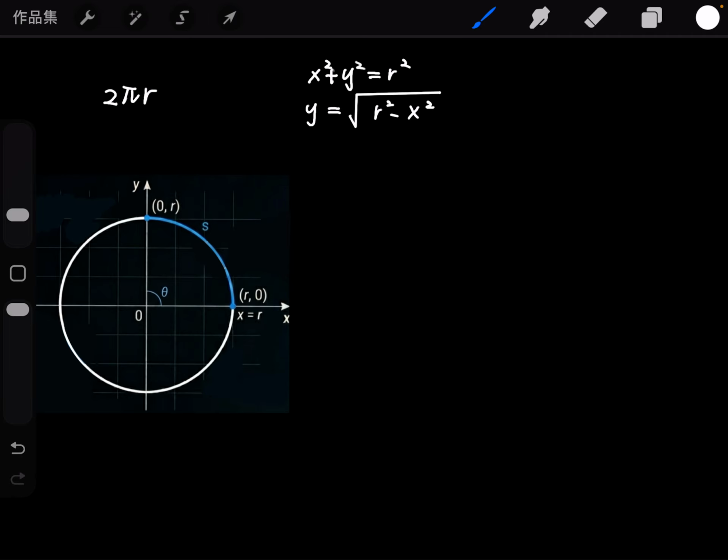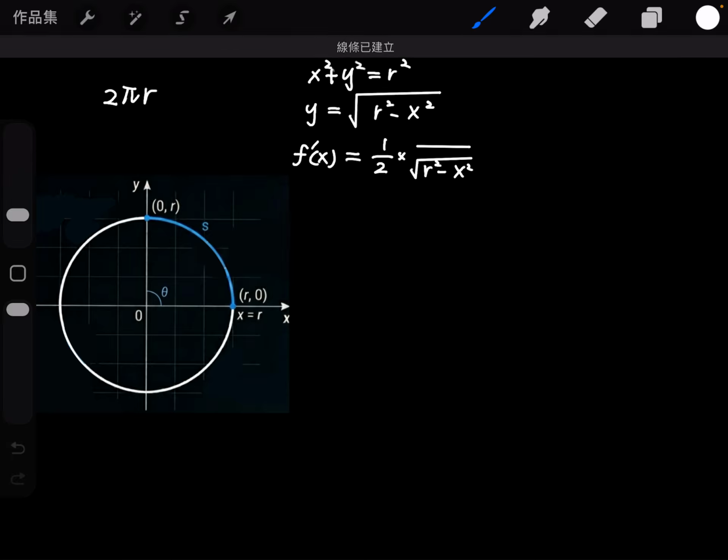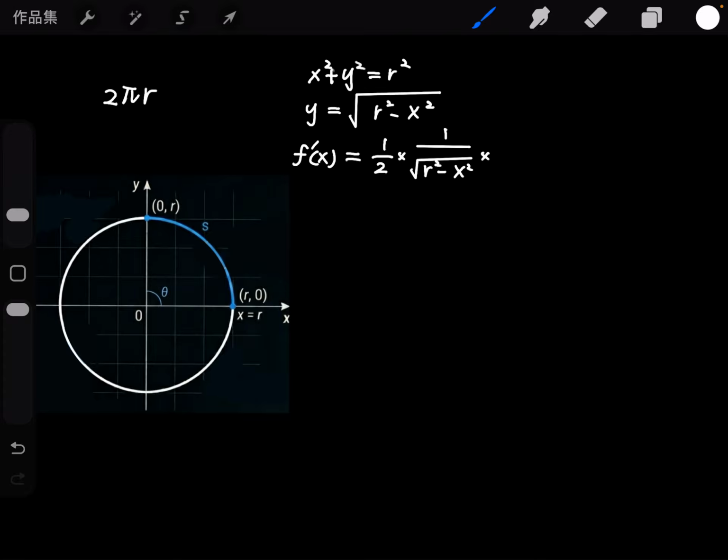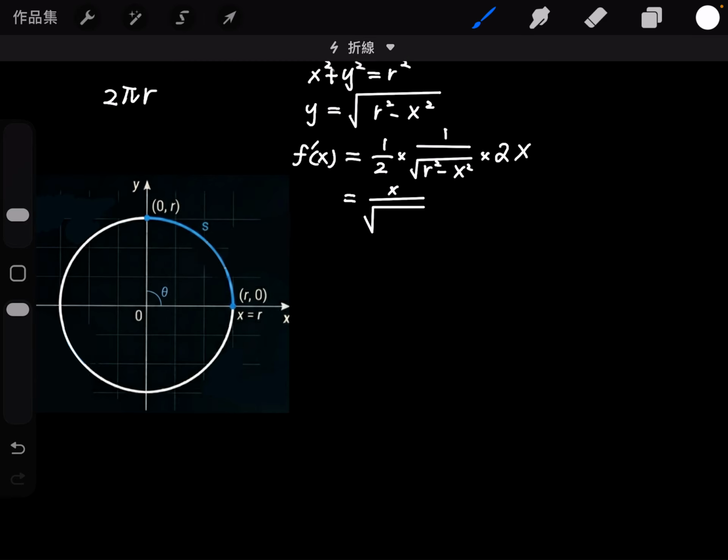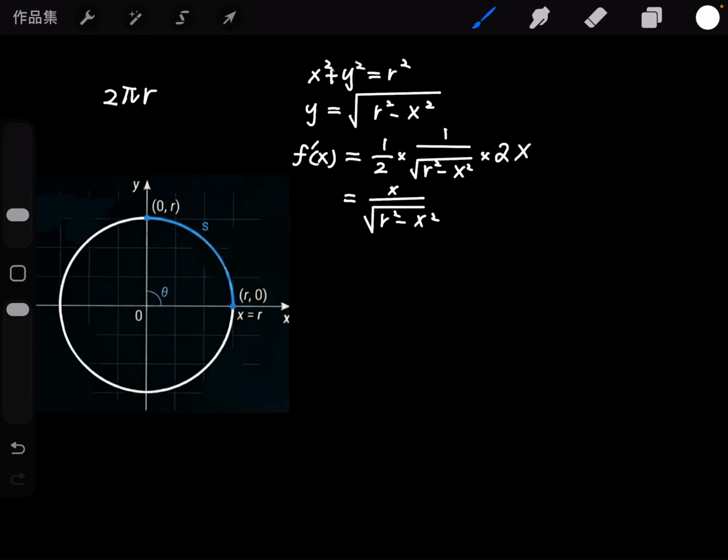So f of x derivative will be 1 over 2 times the square root of r squared minus x squared, and times, don't forget the chain rule, so you need to times 2 times x, which will be x over the square root of r squared minus x squared.